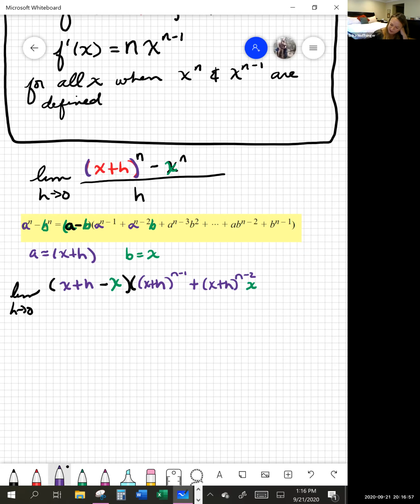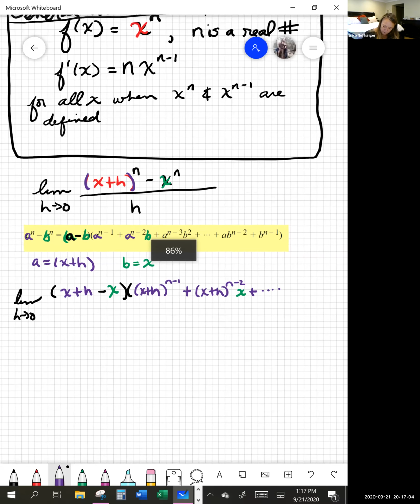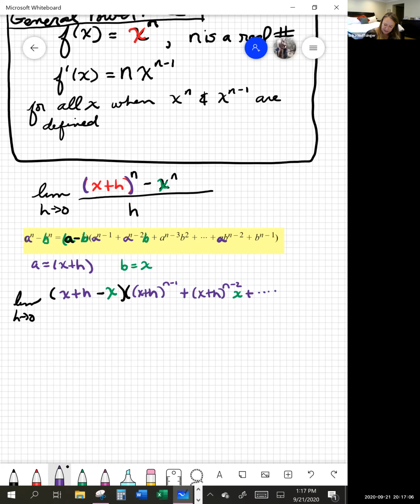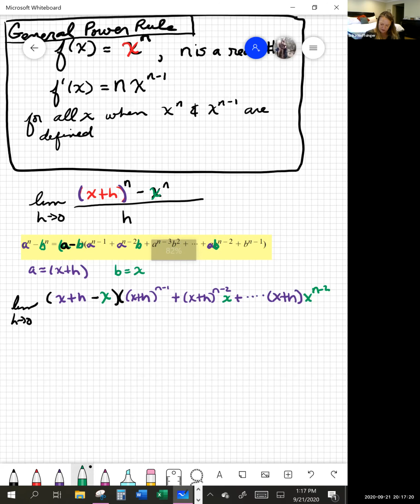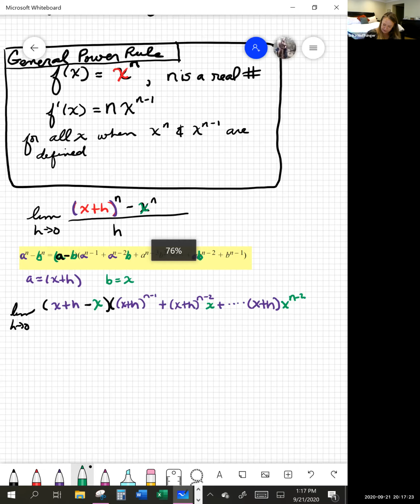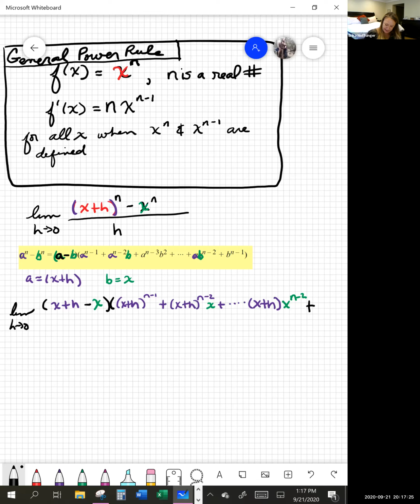And so we can keep on doing this. So plus dot, dot, dot, where we have our a value, which is our x plus h, times our b value, which was x, and that x is raised to n minus 2, plus b again, which is x, raised to the n minus 1 power.